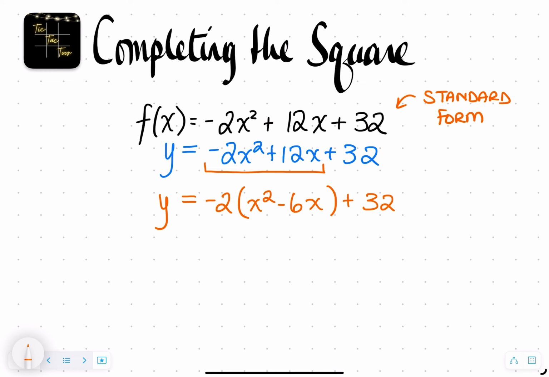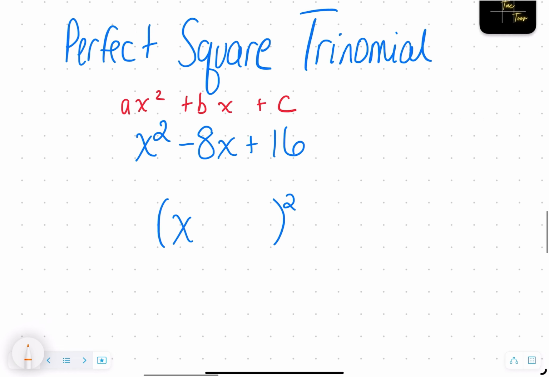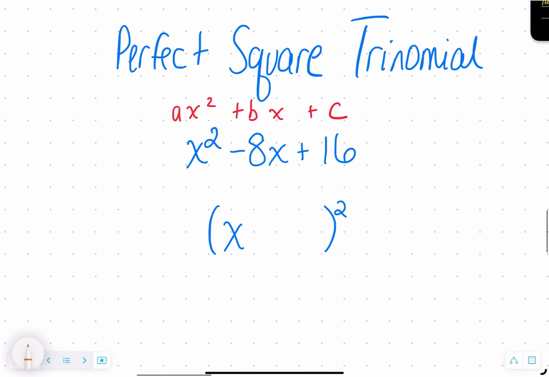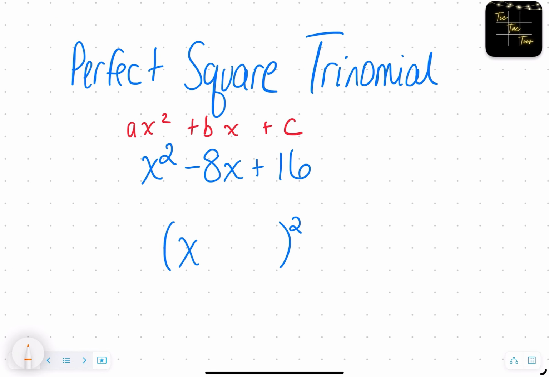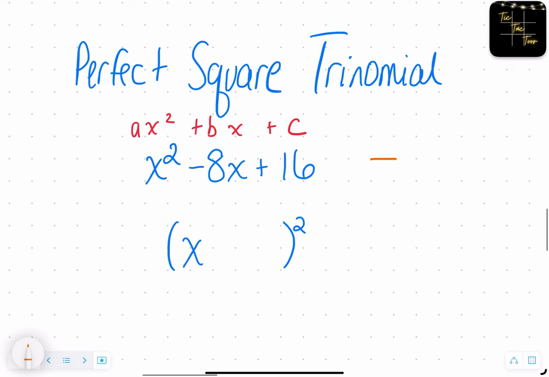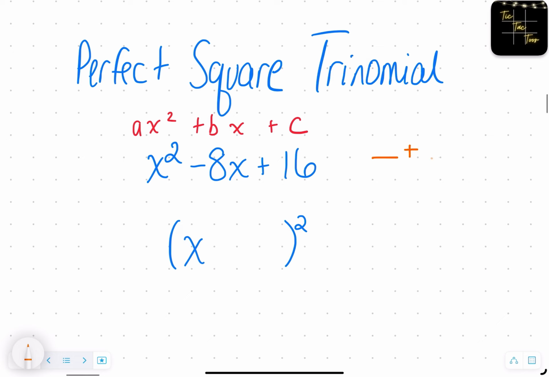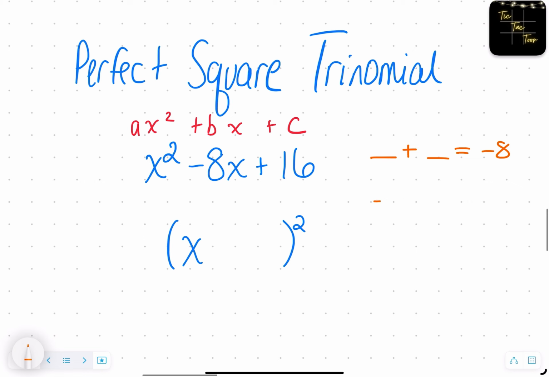In order to do that, we'll take a bit of a detour here, and let's take a look at what a perfect square trinomial is. So here's an example, x squared minus 8x plus 16. The reason why it's a perfect square trinomial is because I can take the -8, find two numbers that add to it, and find two numbers that multiply to equal 16.